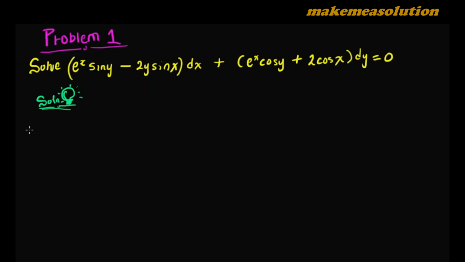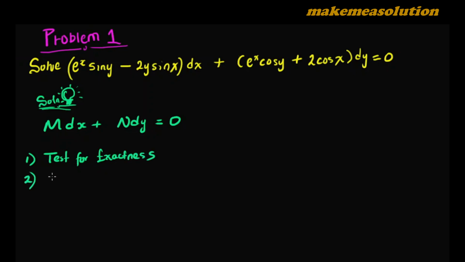So usually there are two things you want to do whenever you're given any problem in the particular form M dx plus N dy equals 0. Number one, you want to test for exactness, and the second thing you want to do is solve for the solution.